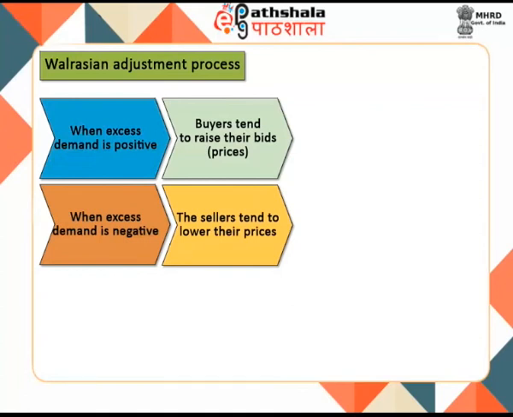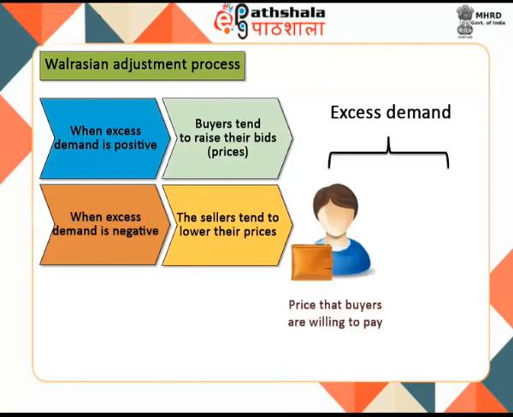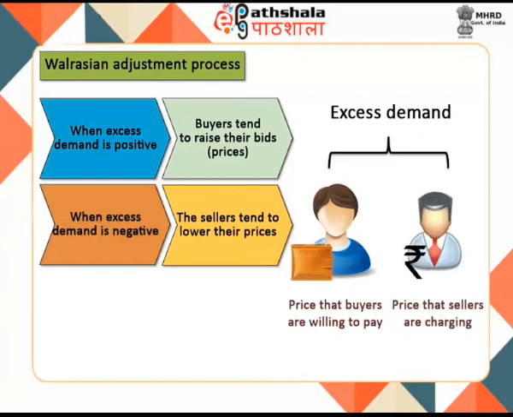In other words, Walras assumes that it is price that adjusts itself to quantity changes. The excess demand price is defined as the difference between the price that buyers are willing to pay and the price that sellers are charging for a given quantity.